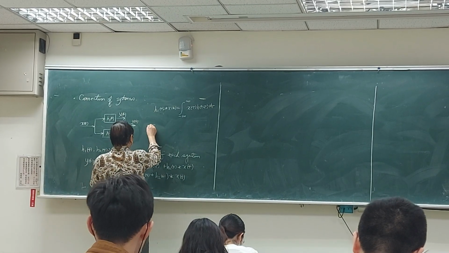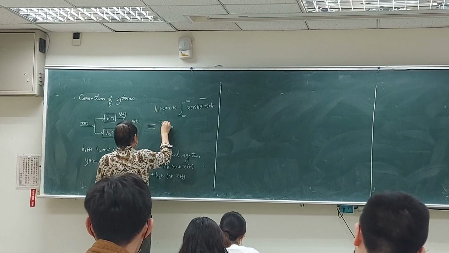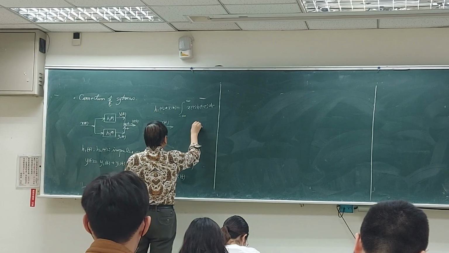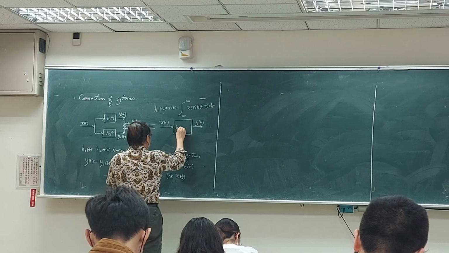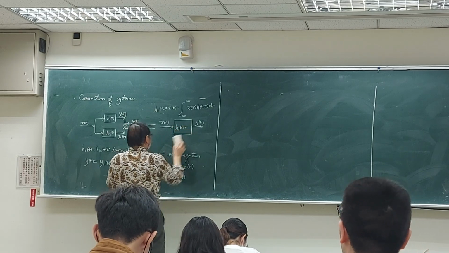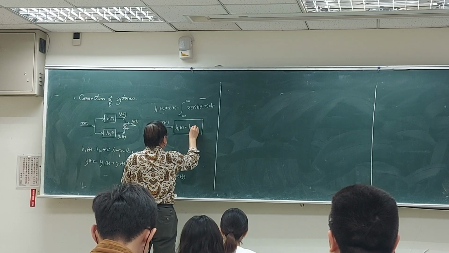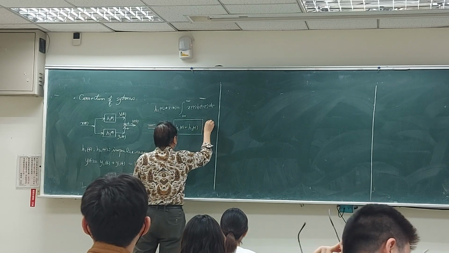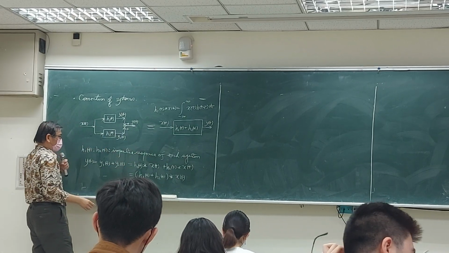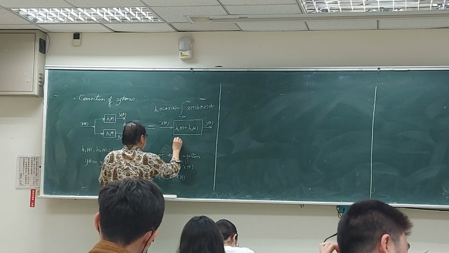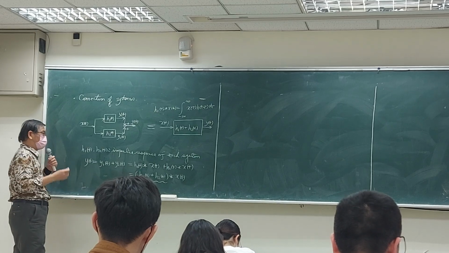This tells us this connection can be equivalent to one with input x of t and output y of t, where the system is simply H1 of t plus H2 of t. This means they are equivalent. Okay? So this is the equivalent system, H1 of t plus H2 of t.